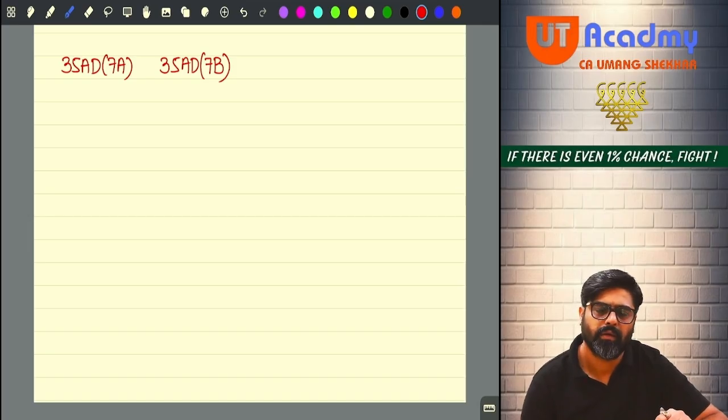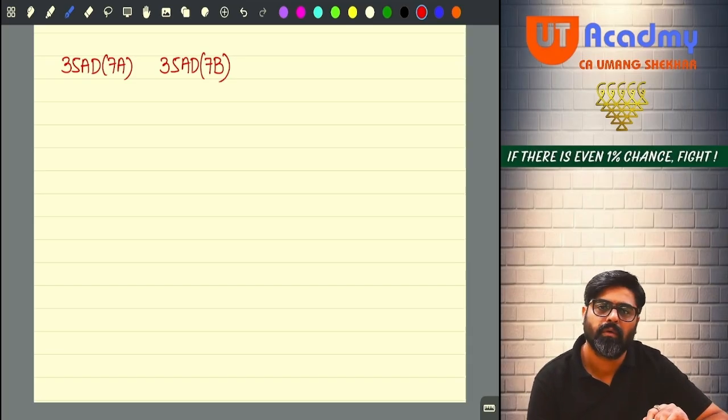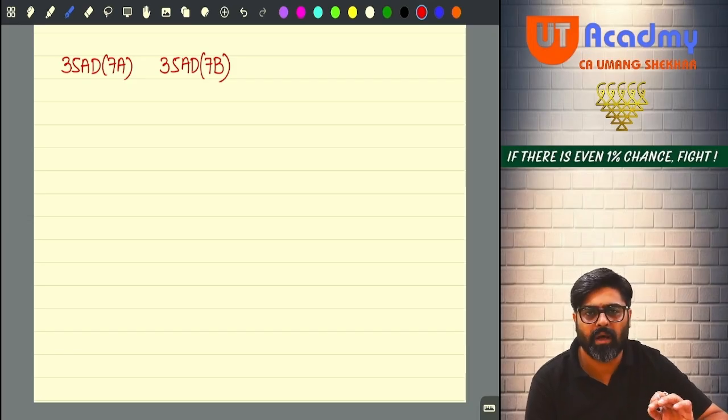Accordingly, in the next line, actual cost of the building allowed under section 35AD is equal to how much? 50 lakhs.